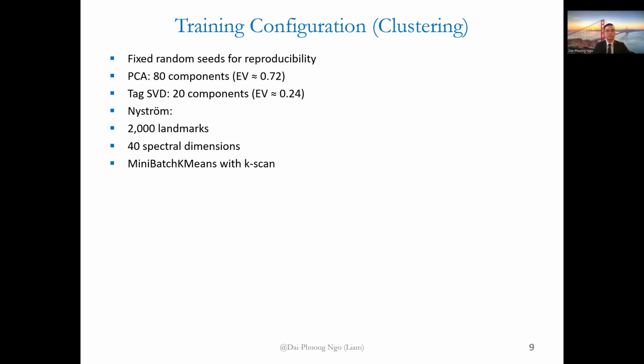For the Nyström spectral approximation, I sample 2000 landmarks and project the data into a 40-dimensional spectral space. Clustering is then performed using MiniBatchKMeans with multiple initializations and a K-scan. Throughout, I log runtime and intermediate outputs so that trade-offs between quality and scalability are explicit rather than implicit.